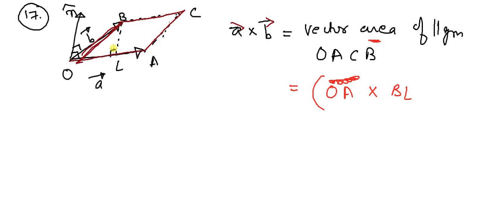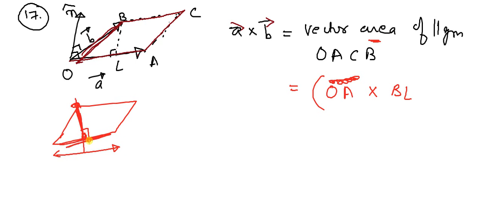BL is the perpendicular. Do you know the formula for the area of a parallelogram? Area of a parallelogram is any side and the perpendicular to that side. So this will give you the area of the parallelogram. So that is what I am doing here into this direction, because it's a vector equivalent here, so you need to put a direction also.